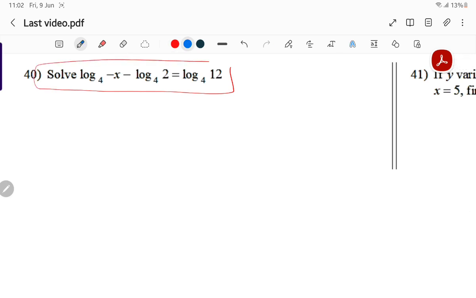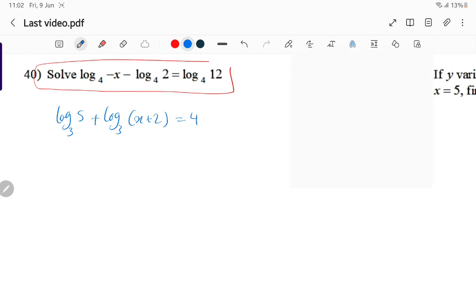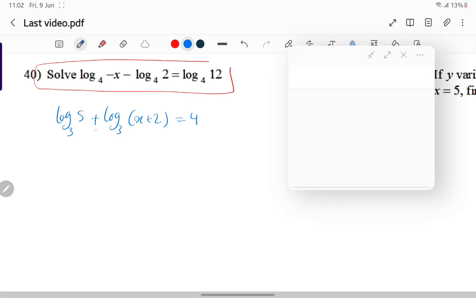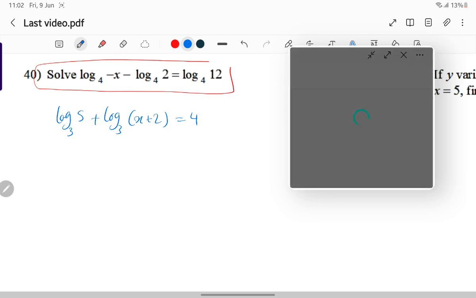Let's do a different example first, then we go back to this. For example, log base 3 of 5x plus log base 3 of x plus 2, and this equals, for example, 4. Here you have the properties of logs. If you have addition, you can make them into one log.